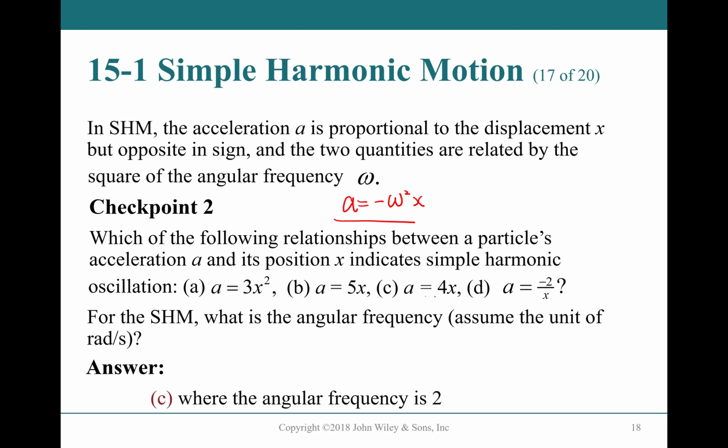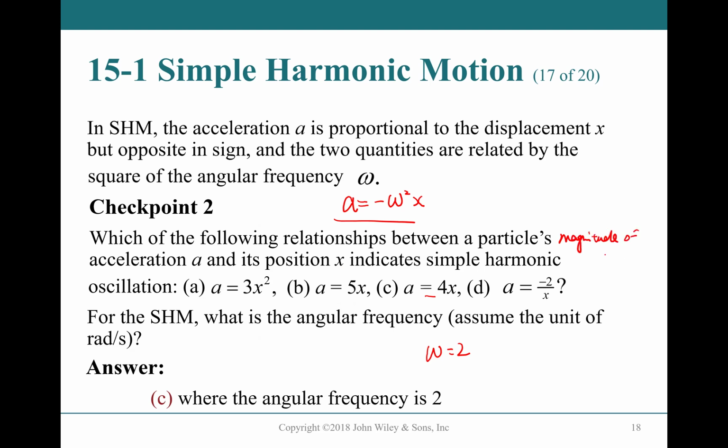This should have a negative sign, so that your omega equals 2. Where's the negative sign? Okay, maybe this gives you the magnitude. If this is the magnitude, then it's right.